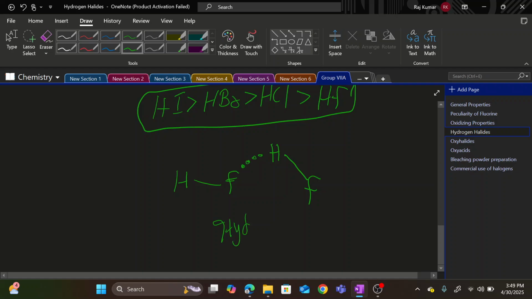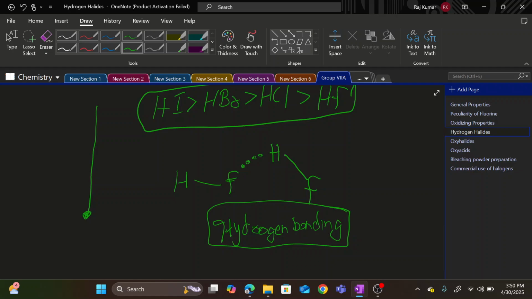It has hydrogen bonding in itself, and due to this, it has a higher melting and boiling point as compared to all of the other hydrogen halides. Also, the trend of melting and boiling point is decreasing down the group, because when we go down the group, the melting and boiling point starts decreasing due to less electronegativity.